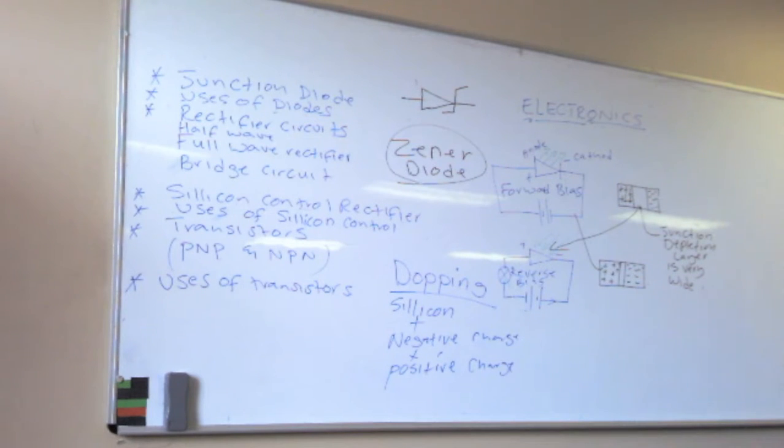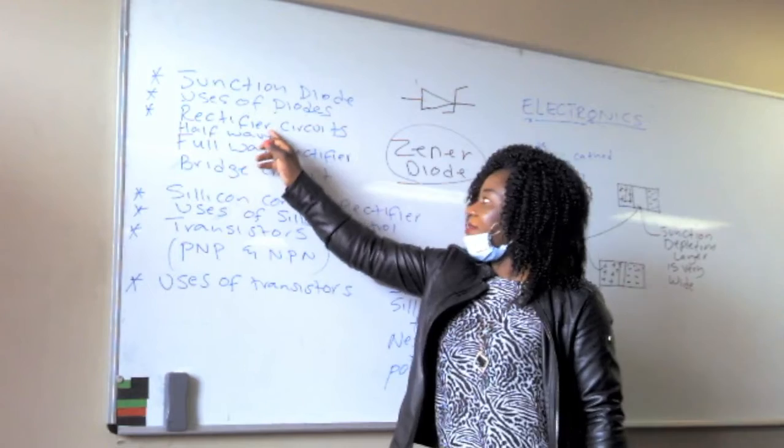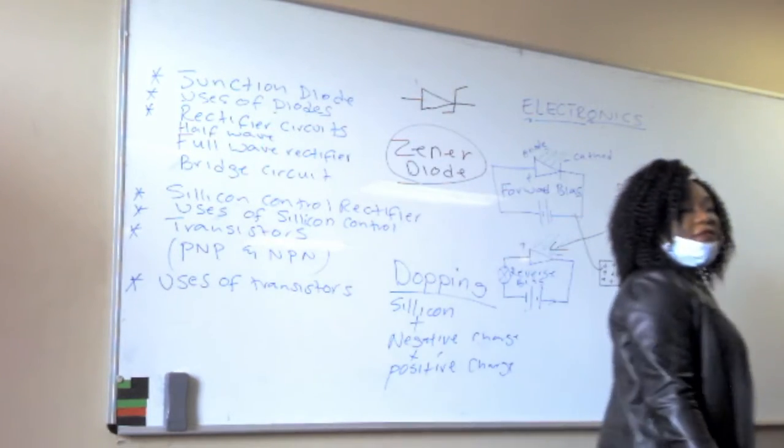Any questions? Now we need to know, where do we use the diodes? Diodes are used to allow current to flow in one direction. Then diodes are used in rectifier circuits. I think you see here, I've put rectifier circuits. I'll be explaining now what a rectifier circuit is.